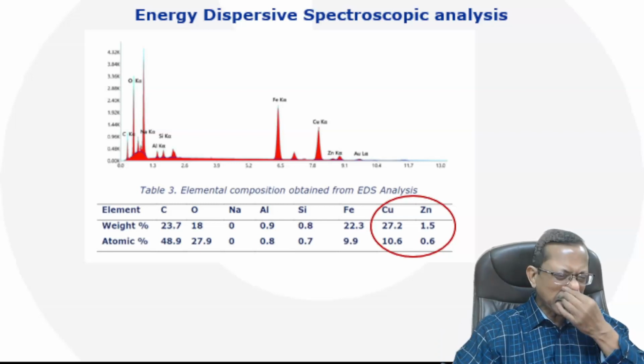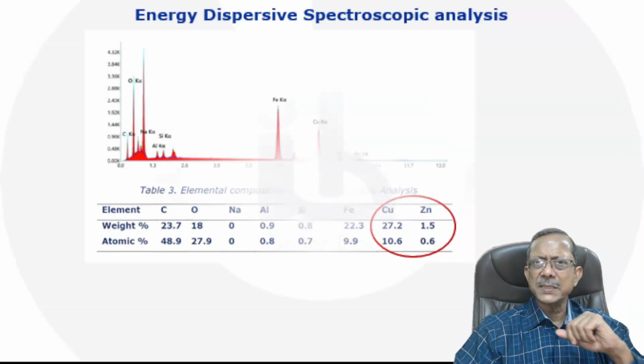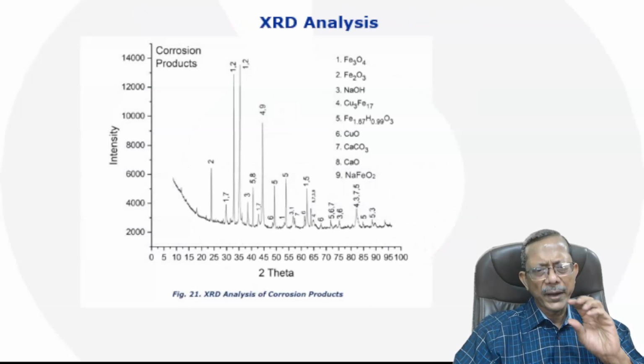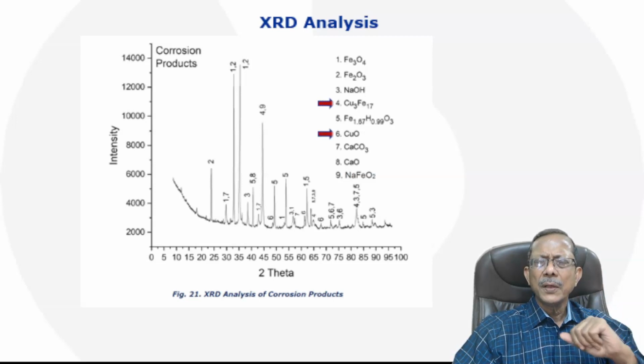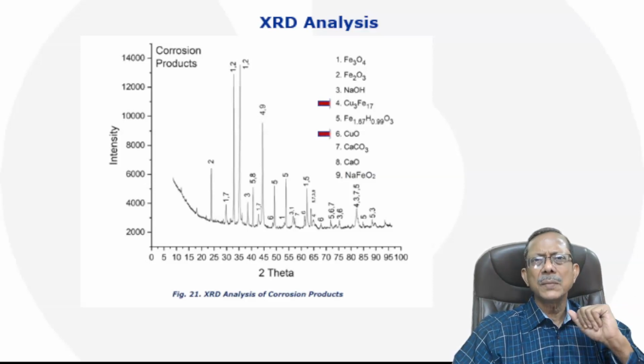Okay. Now, when I check the other test, that is the XRD analysis of the deposits, where you actually get the compounds inside the deposit, the components of the deposit, then two things are there. One is again the indication of copper corrosion product that has come into the system and is getting deposited.